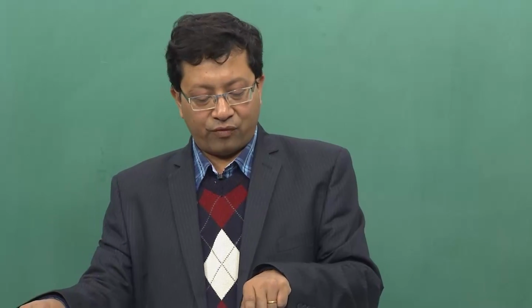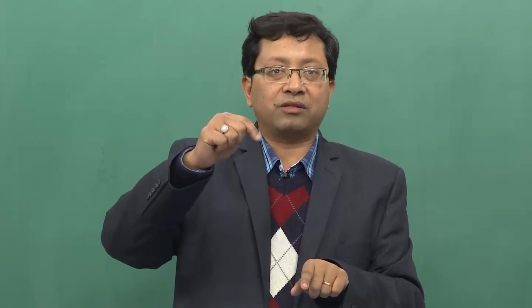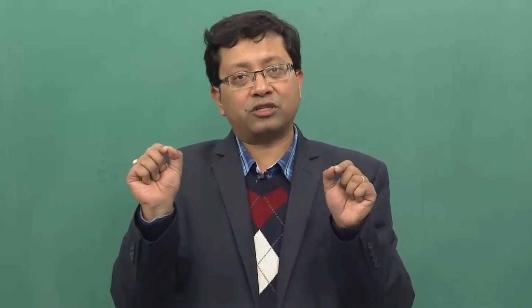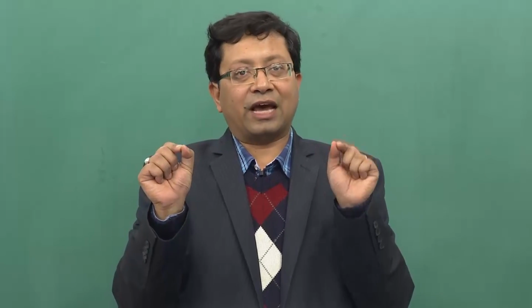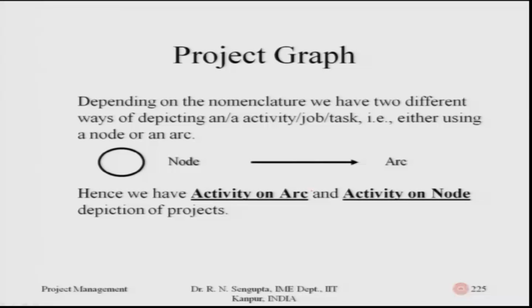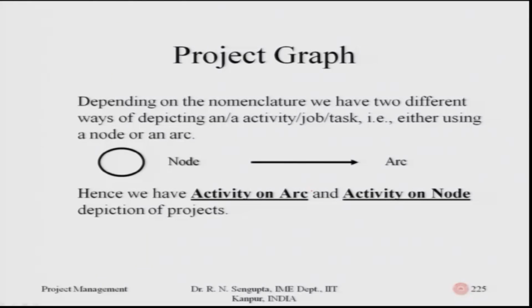Now, if A was denoted on an arc, then the letter A would not be used; rather, the sequence 1 and 2 would be used. So 1 would come here, where I am pointing my finger, and 2 would come here. Either you use A for the circle, for a node, or for the arc you use 1, 2 to denote that. Hence, we have the activity on arc and activity on node concepts for depicting the project.